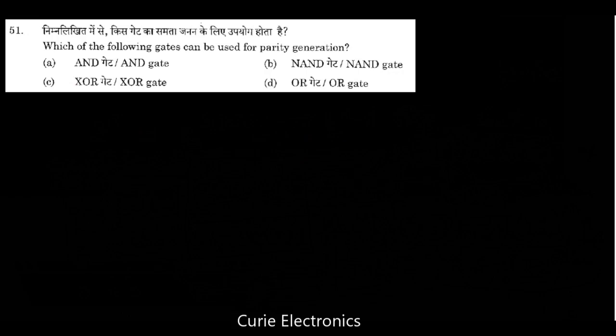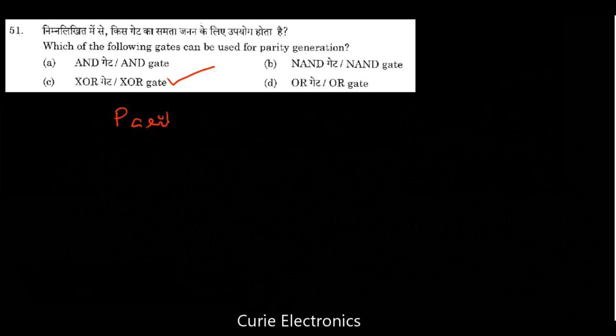Question number 51. Which of the following gates can be used for parity generation? For parity generation we use the XOR gate. And what is parity?